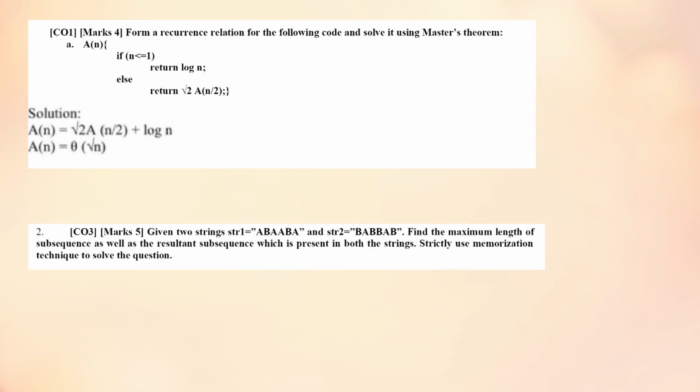Let's start with the first question. We form a recurrence equation and solve it using the master's theorem. Now, in this question, we have to use the form T of n equals a T of n by b plus f of n.